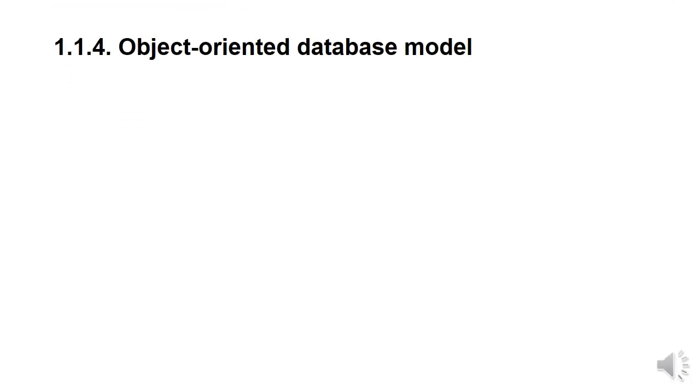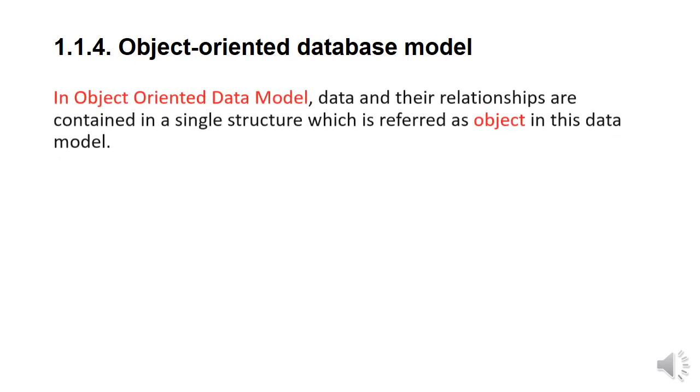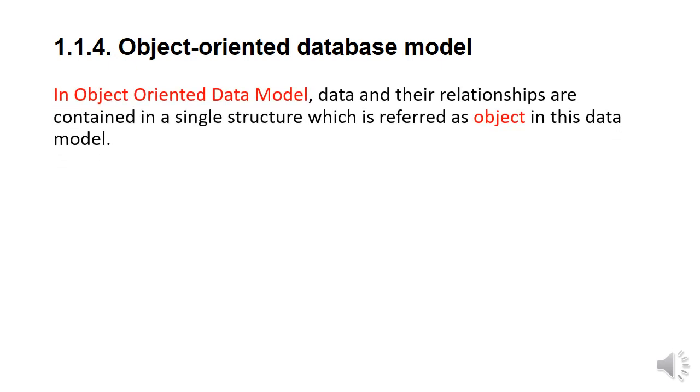The last database model is called the object-oriented database model. Within this model, we have objects and classes. In computer programming, we study what we call object-oriented programming languages.